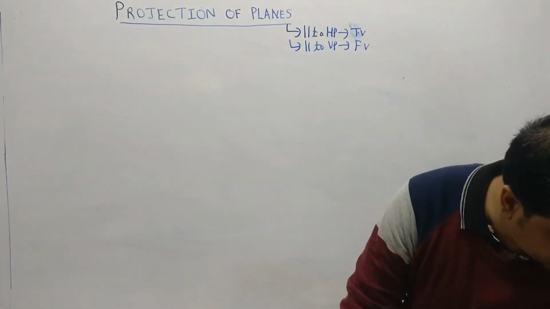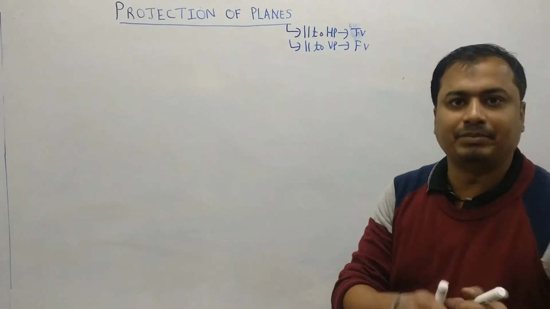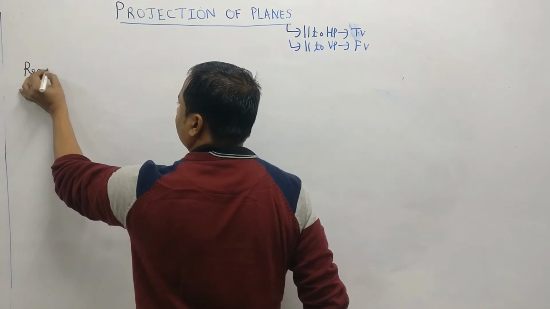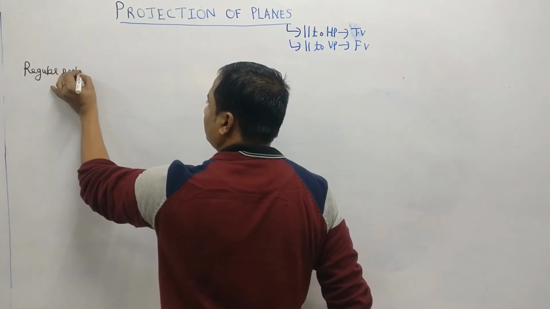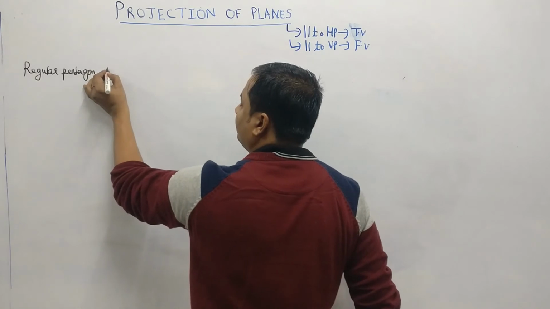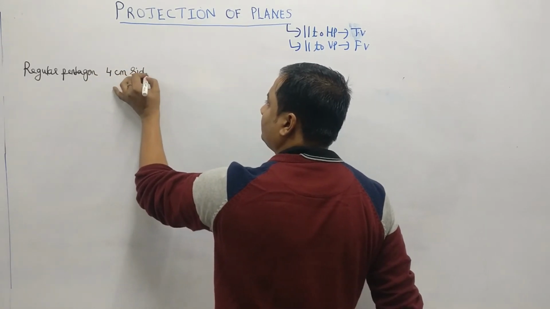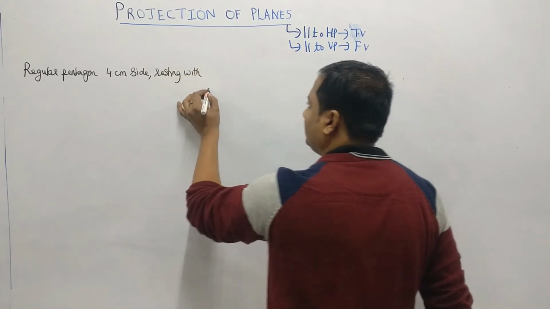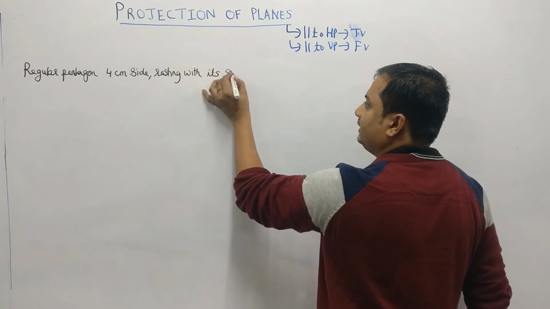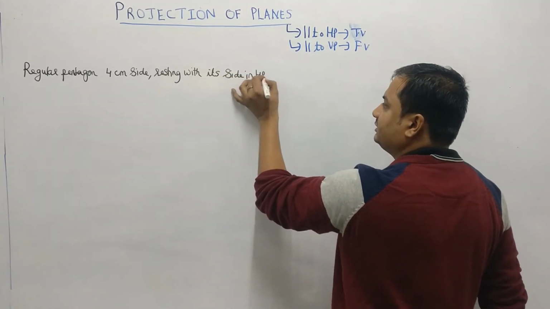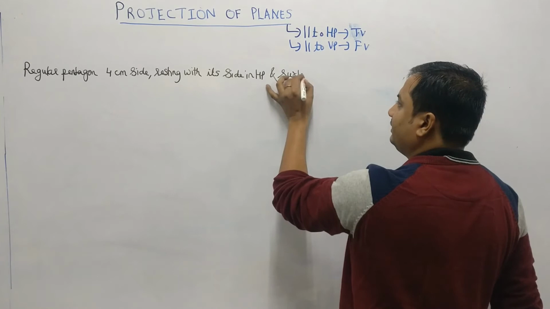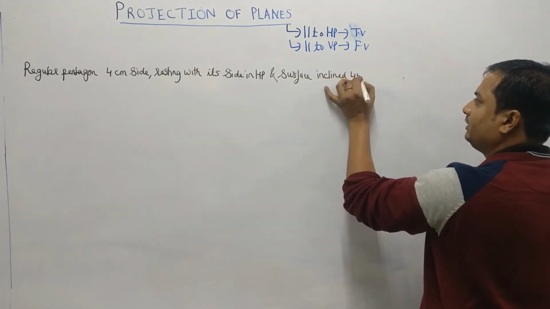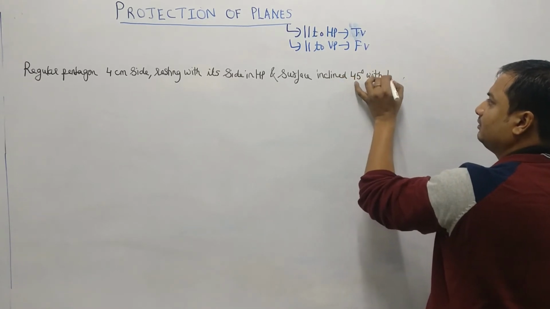Okay, so let's take one problem based on the pentagon. The problem says: a regular pentagon of 4 centimeter side resting with its side in HP and surface inclined 45 degree with HP.